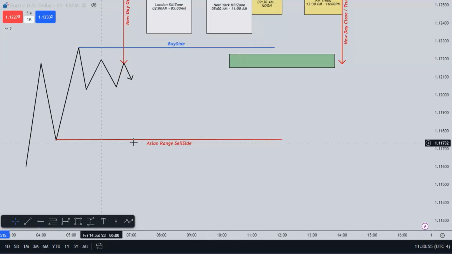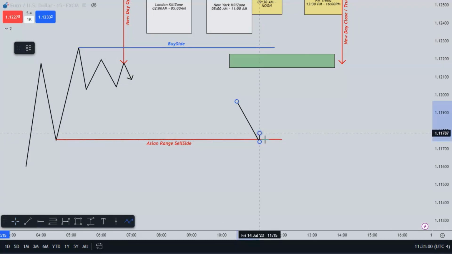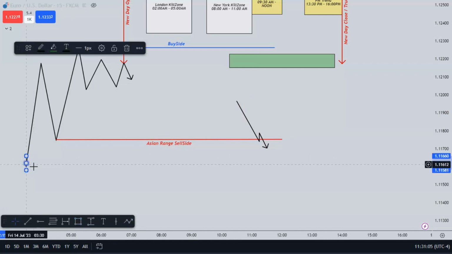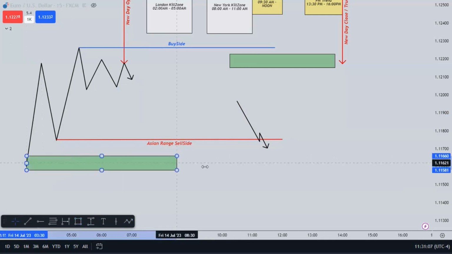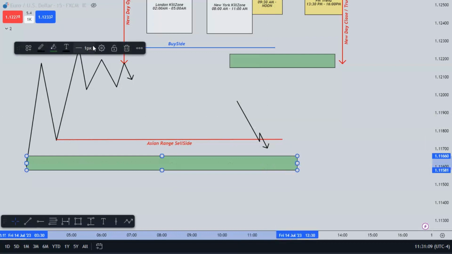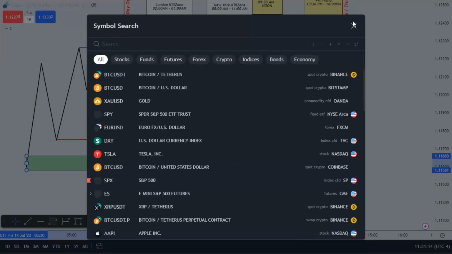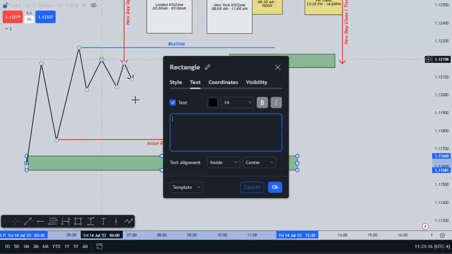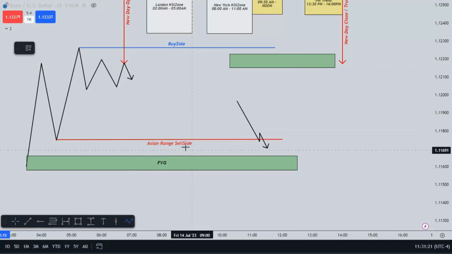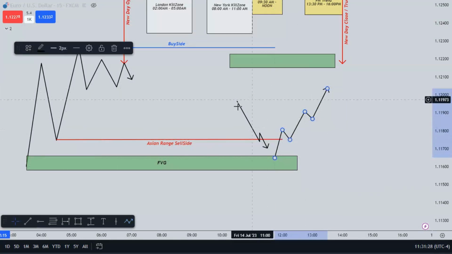In our case, as soon as price violates sell side, we're looking for a discount array which can be in forms of order blocks or fair value gaps, right? Something like this. So we expect price to violate sell side, target a fair value gap or order block to push bullish, target pretty much the same, right?